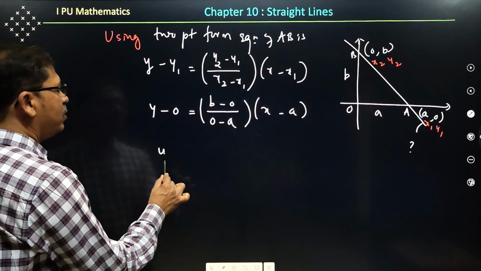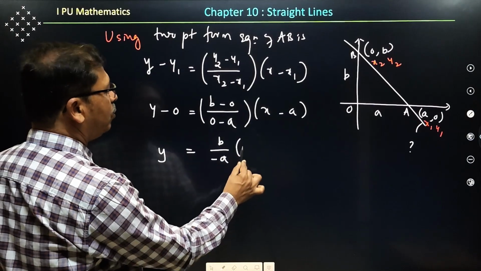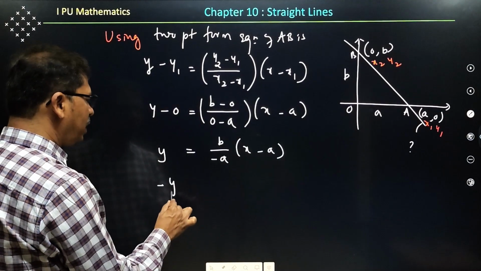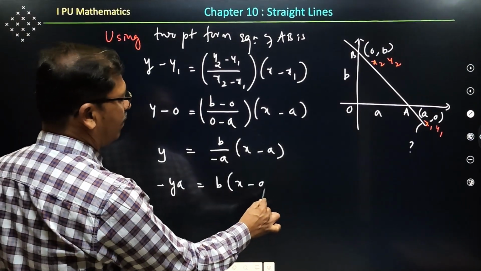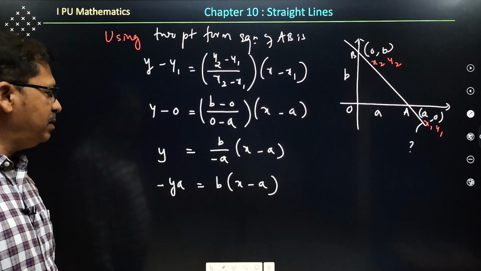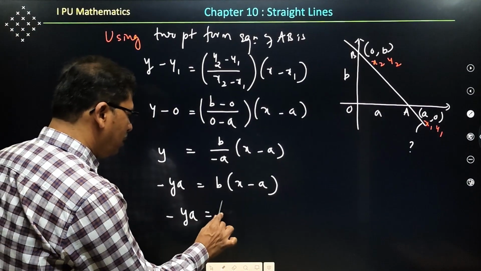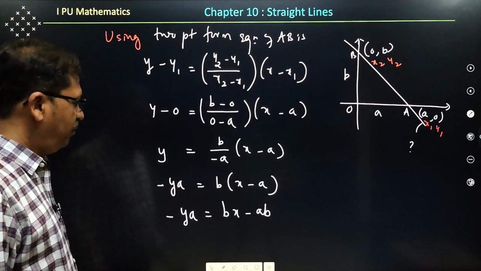So y is equal to B divided by minus A into bracket (x minus A). So cross multiply: minus YA equal to B into bracket (x minus A). Let me simplify this. So minus YA is equal to BX minus AB.